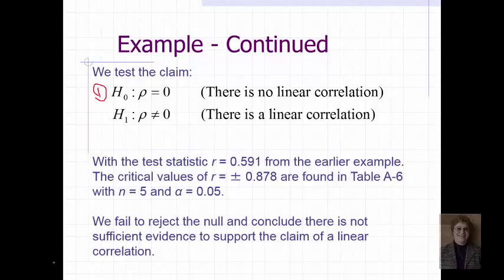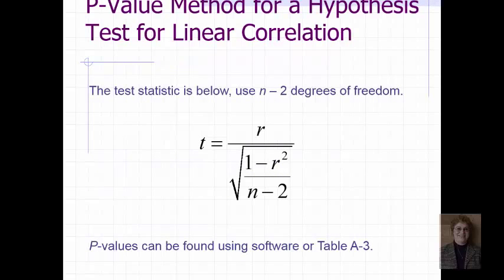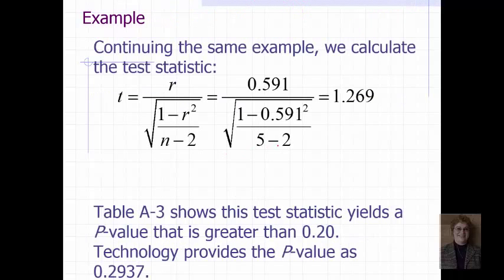Now, when you have such a small sample, this would not really be publishable information. You might be able to publish a paper that says, my small sample suggests this, but I would recommend another study with more individuals. Now, here is how we would calculate a t-statistic from our r, but again, we don't need to. Here is our t-statistic, 1.269.